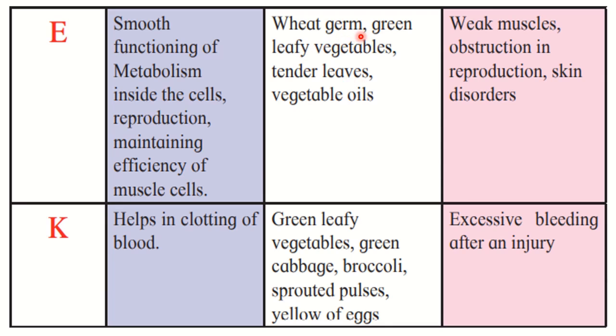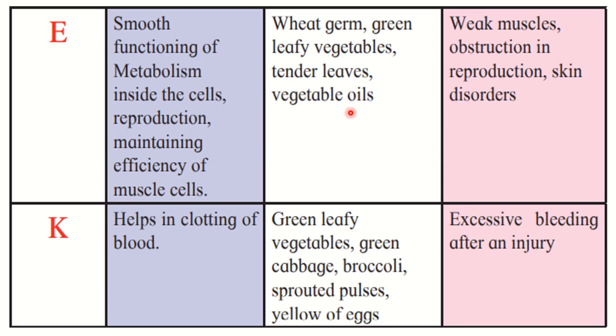Wheat germ, green leafy vegetables, tender leaves and vegetable oils. That means we should include vegetable oil, wheat germ, green leafy vegetables, tender leaves, then almonds, peanuts. They are also a great source of vitamin E.